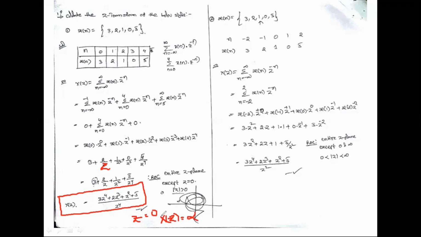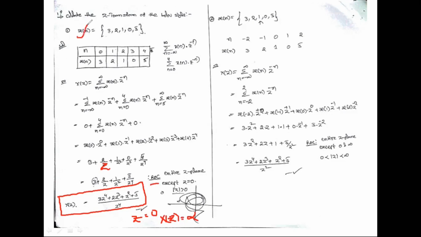So except z is equal to 0, the entire z plane, the function x of z is existent. The ROC, the region of convergence, is the entire z plane except z is equal to 0.